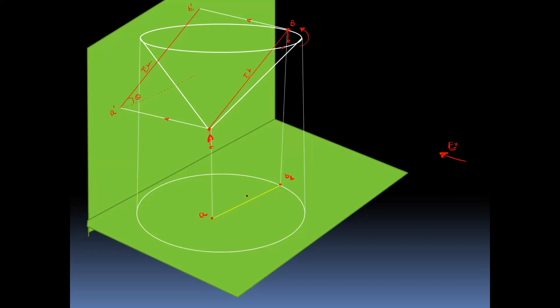So what is the actual top view? If you draw the top view in the original position, consider this point as B and this is B1.